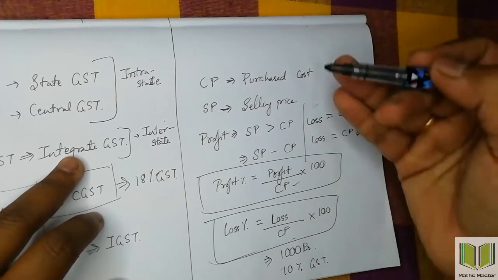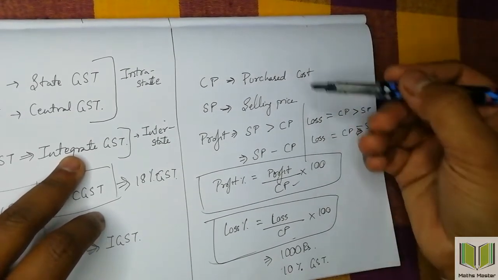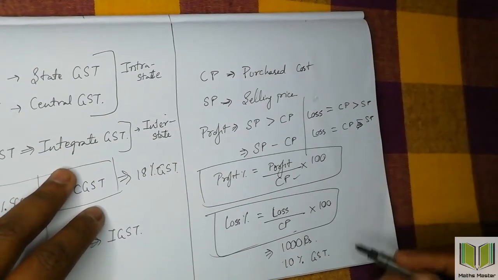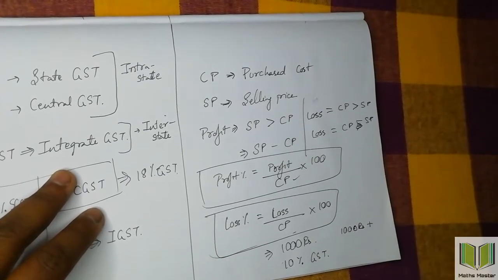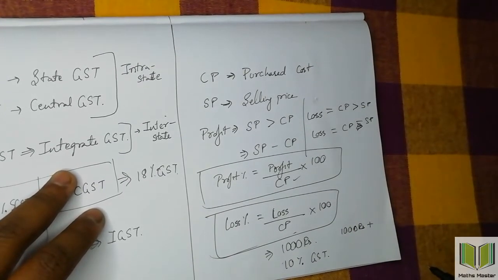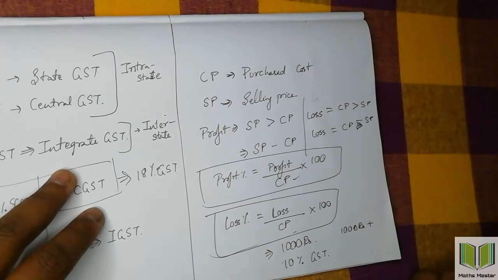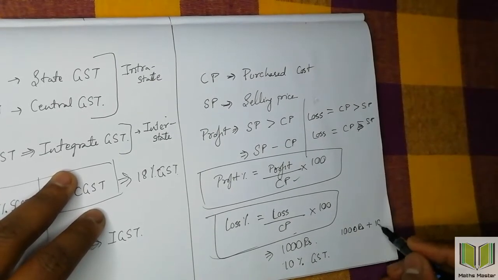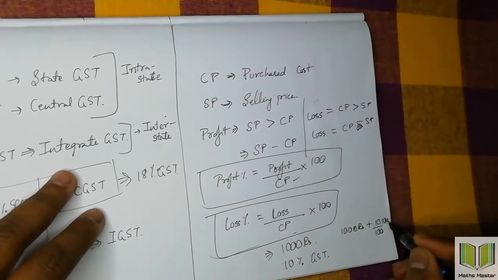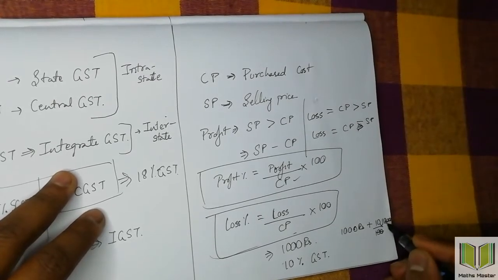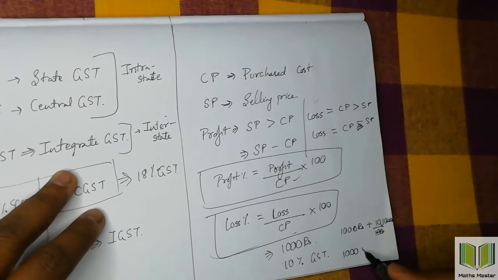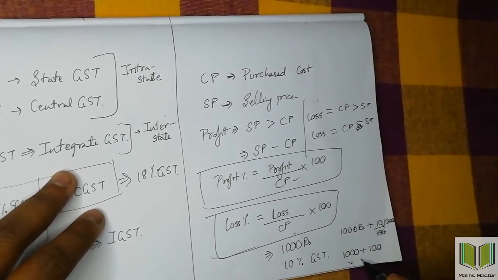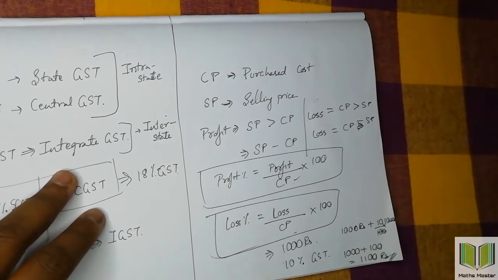The person who is purchasing it from this vendor will be paying 1000 rupees plus the 10% GST, which is equal to 10% of 1000 rupees, which is 100. So he'll be paying 1000 plus 100 rupees, which is equal to 1100. It is simply calculated in this way.